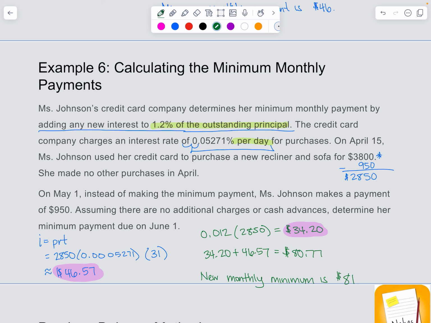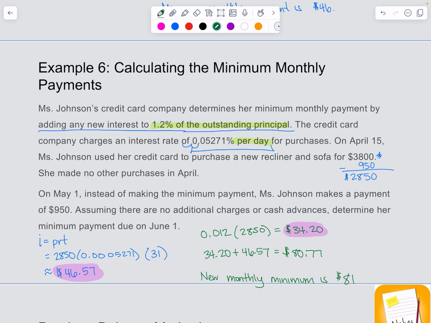Okay, so what we did here is we found out, okay, she made a payment, we take that off of her balance, we find out her new balance, use her daily interest to find out what the interest is that she will owe, follow what the credit card company says, add the interest to 1.2% of the principal.